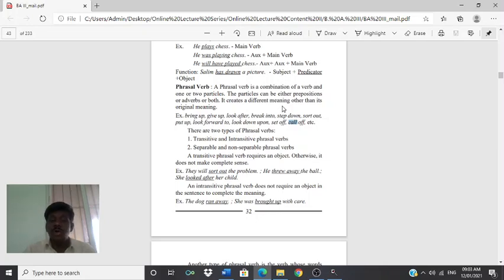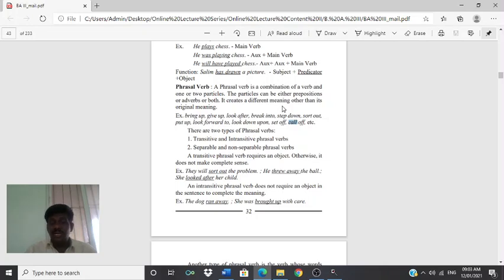So, they will sort out the problem. The problem is an object. If we drop this object, they will sort out. What will they sort out? There is no complete meaning to this. Therefore sort out is a phrasal verb that we should call a transitive phrasal verb. He threw away the ball. He threw away, we can't make the complete cycle of it.